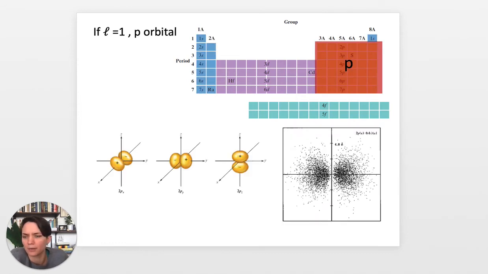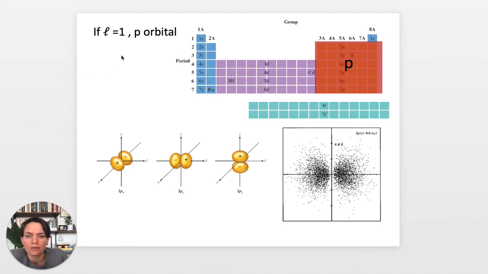Now we're ready for p orbitals. Our p orbitals are going to be represented with this part of the periodic table. Again, we're going to get to exactly what I mean by that when we start looking at electron configuration. So just keep this orientation on the periodic table in your mind as we're moving forward. So p orbitals have L equals 1.